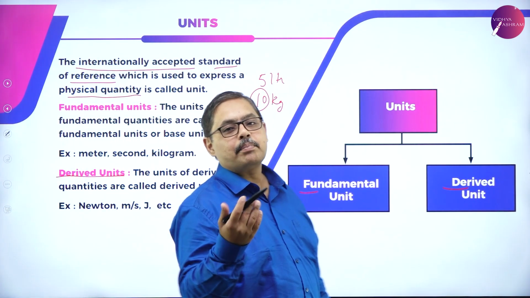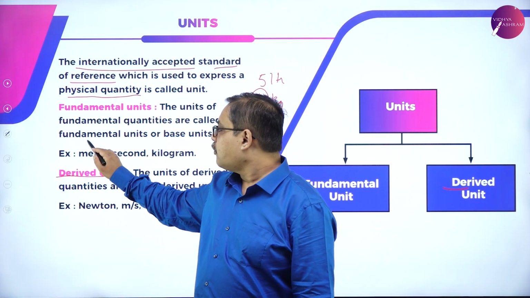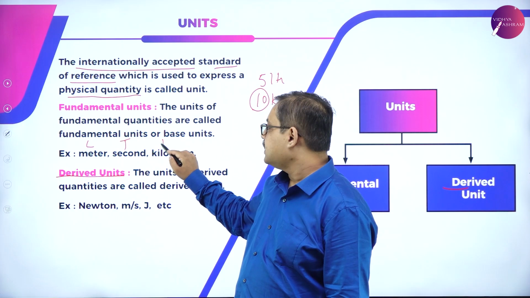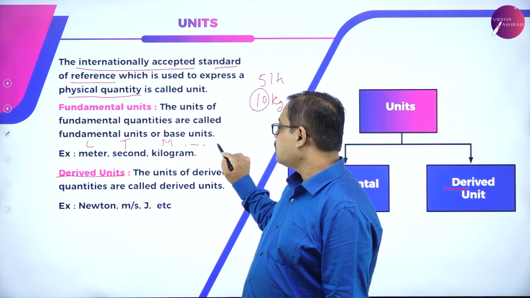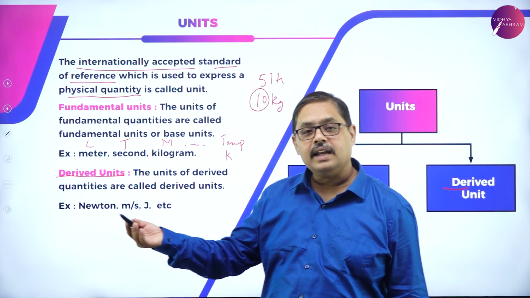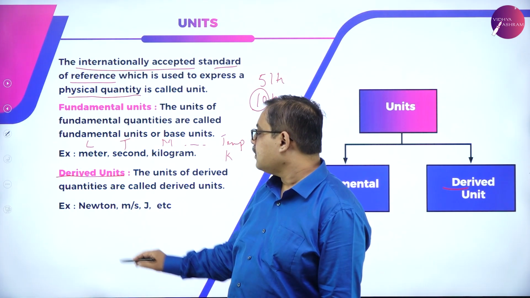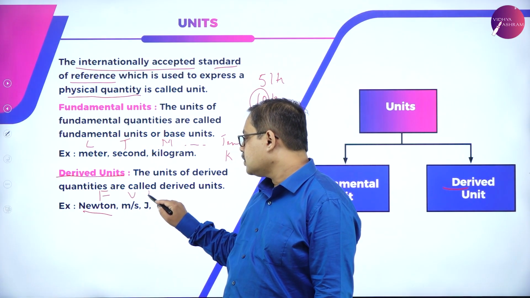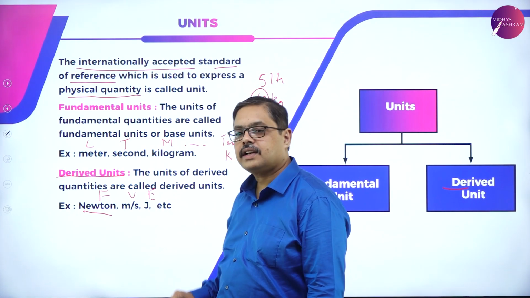Okay, the example for fundamental units: for length it is meter, for time it is second, for mass it is kilogram, and so on. For temperature, you can take it as Kelvin. Similarly, derived units: it is Newton for force, meter per second for velocity, joules for energy, etc.